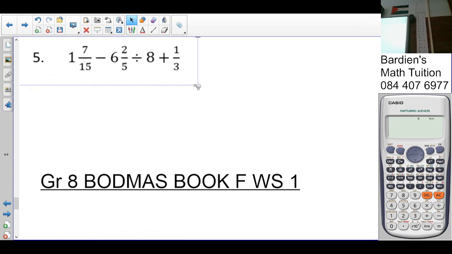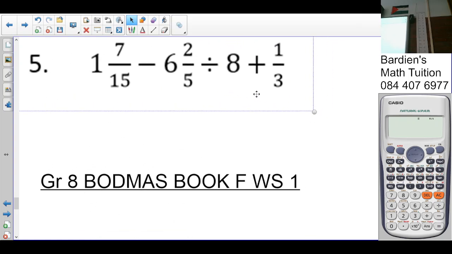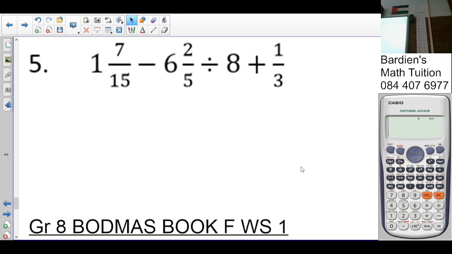What needs to be done first here? Change it to improper fraction. Right, so change everything to improper fraction first. Then I can change to multiplication, tumble and times. So 15 plus 7 is 22.